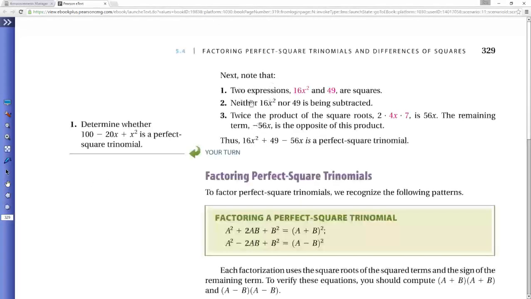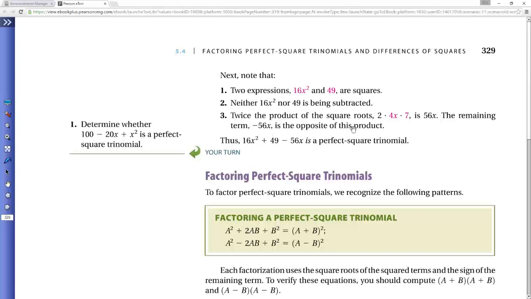So next they note that 16x squared and 49 are squares, right? They're not being subtracted. In other words, they really are squares. Twice the product of that: if I took 4x and 7 and multiplied that, I get 28x. And you double that, you get 56. Now in this case, the remaining term is a negative 56, right?